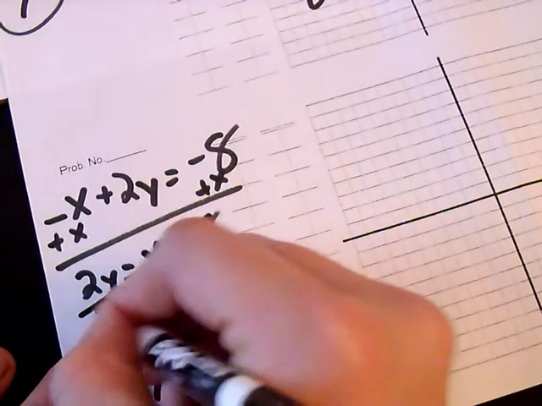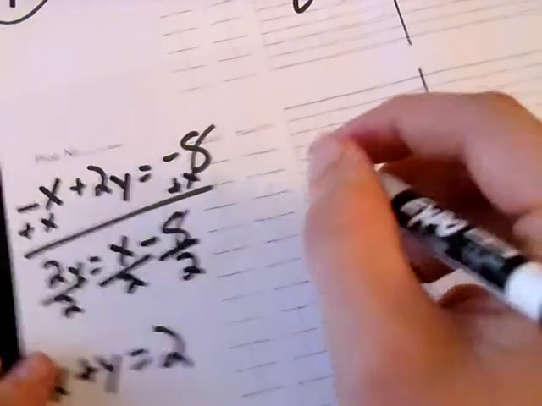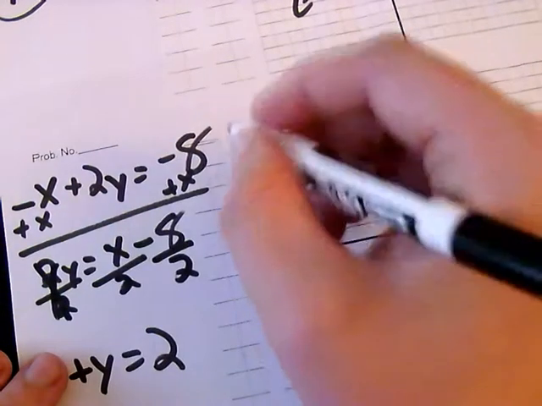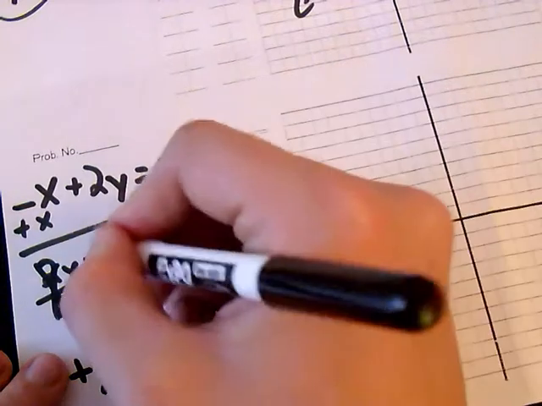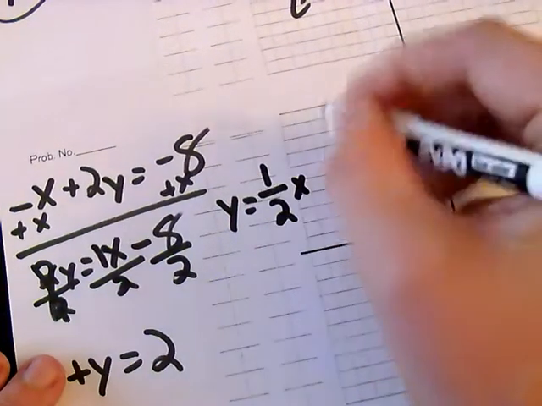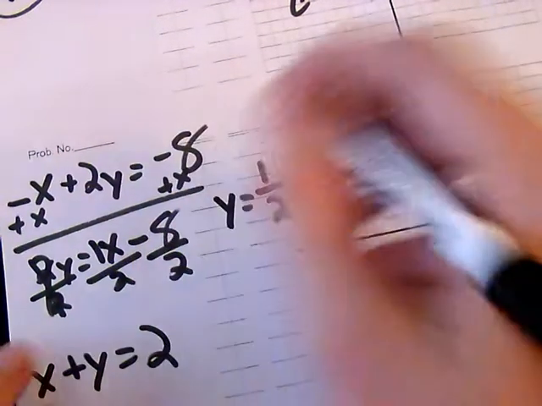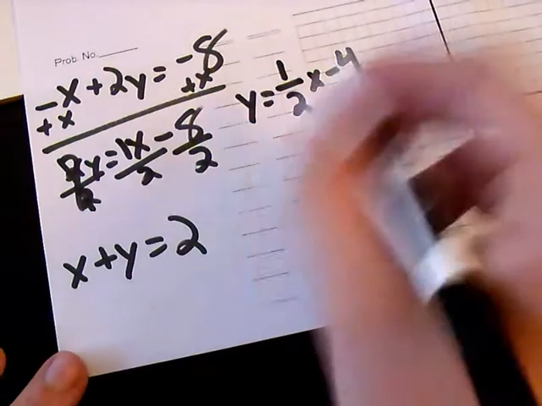So I divide both sides by 2. But when I divide both sides, I divide everything by that. This gets crossed out. Y equals, well, this is a 1 over 2, so I'm going to label it as 1 over 2 x minus 4, because that gets simplified to 8 over 2, 4.